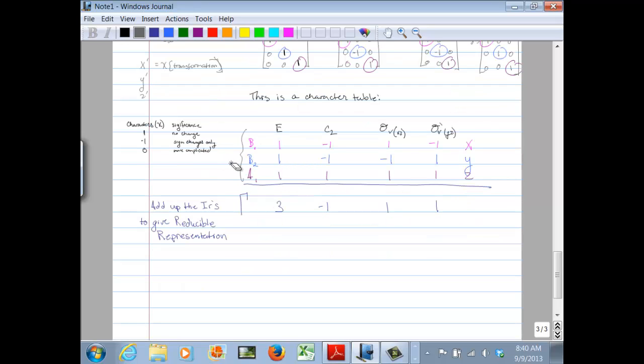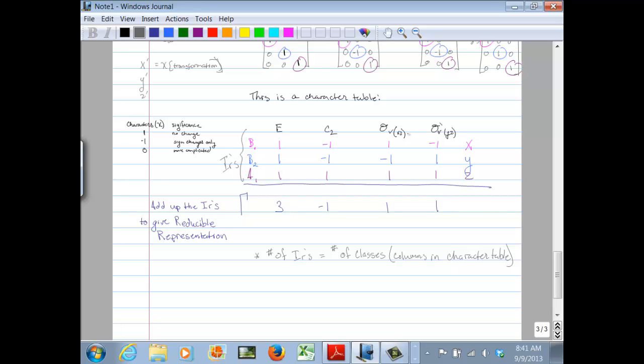So I know that I have not found all my irreducible representations because of two things. The number of IRs equals the number of classes. What are the number of classes? Those are just the number of columns in the character table. So I have 4 different columns here.